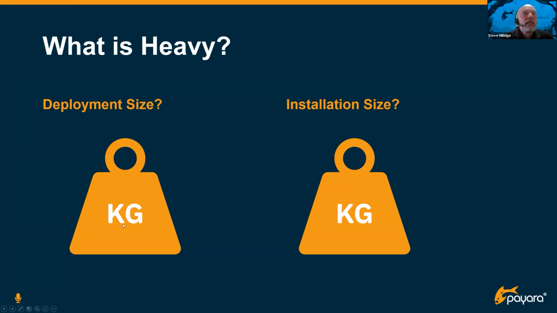So maybe it's deployment size or installation size that people say is heavy. When we come to deployment size, typically, because we separate the application server from the application, deployment sizes for Java EE are quite small. A reasonable size application, it depends how many third-party dependencies you package.